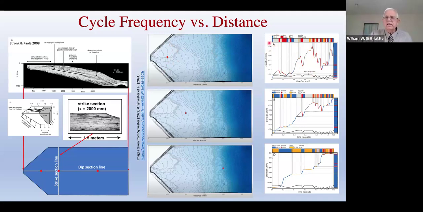And you can see that up here, if you look in the upper left-hand corner, in this case, we have about 15% of the stratigraphic record that is preserved in the fluvial part of the section.